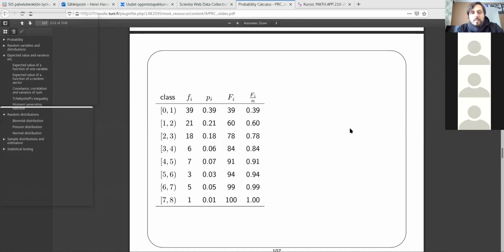Of course, these numbers at the higher end especially are so small that they're not really very reliable. But this is our estimate, or our clue about how they are distributed.